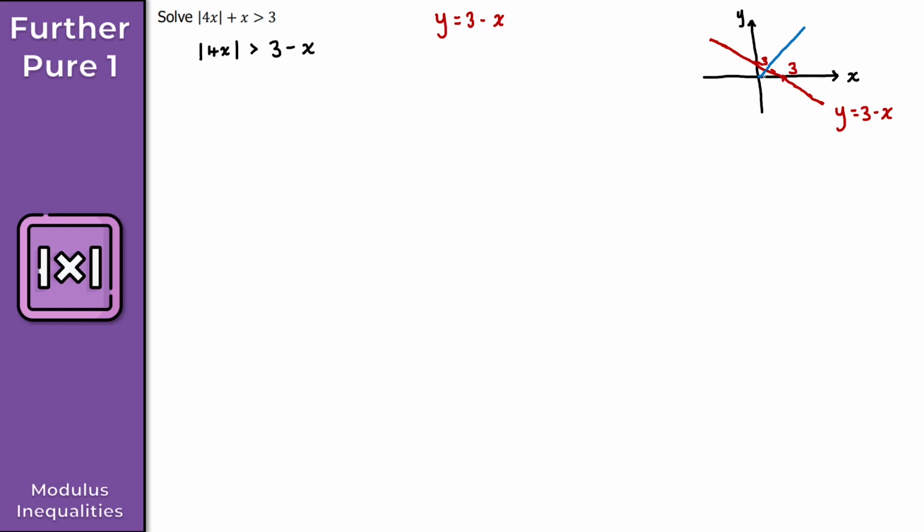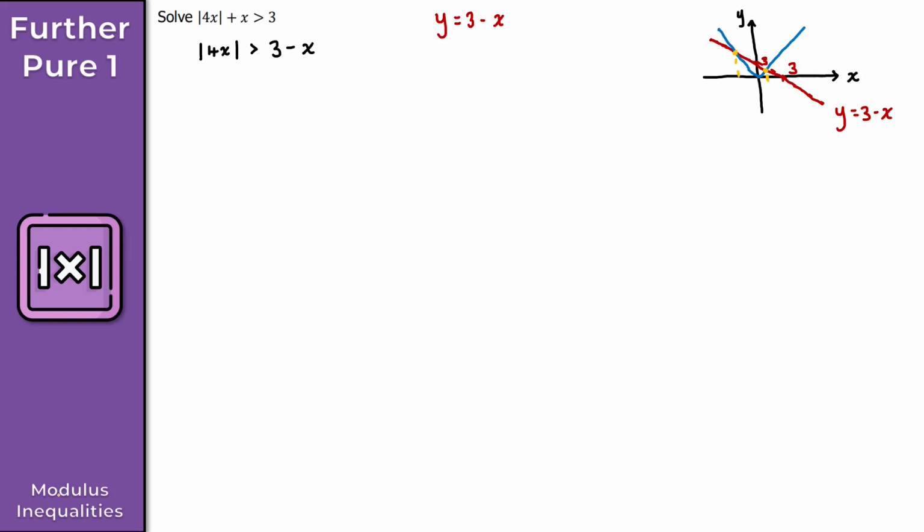But in this case, anything below the x-axis will be reflected above, because we have the modulus of 4x. So in that case, this will just be reflected above, like so. And as we can see, we now have 2 points of intersection. We've got this point here, and we also have this point here.